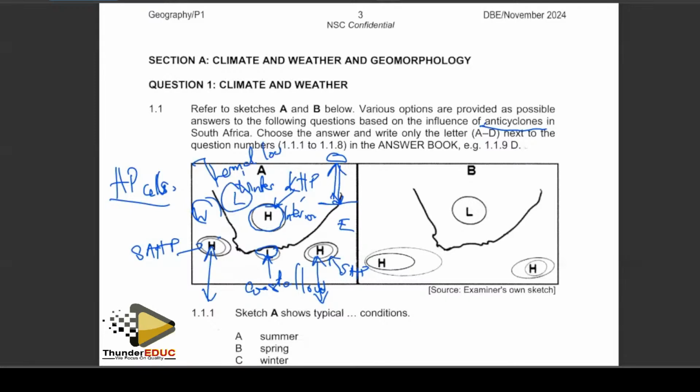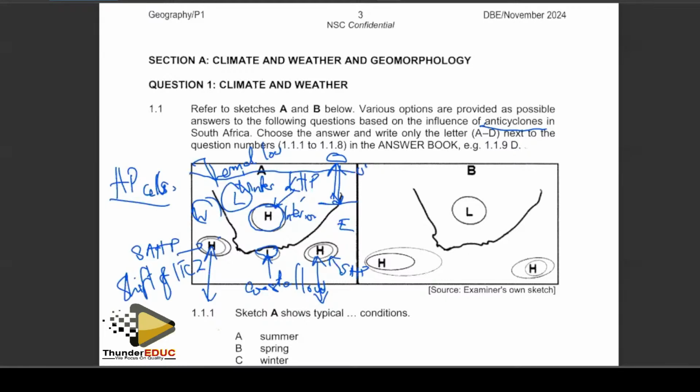And what determines their latitudinal movement is the shift of the ITCZ, the intertropical convergence zone. As the intertropical convergence zone shifts, these cells are also affected, which will imply that if it is winter, remember our equator, let's assume our equator is somewhere there where there's the 0 degrees line of latitude.